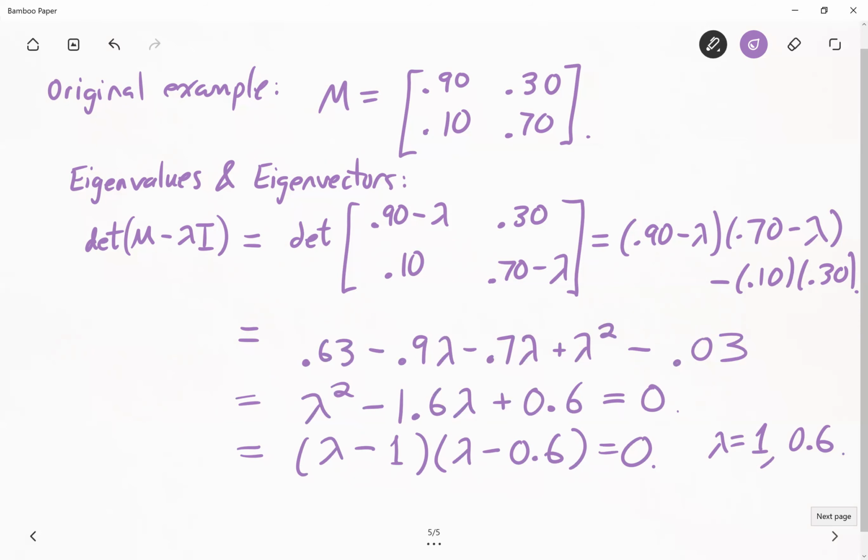All right, so let's continue on. And so recalling that our matrix for migration was 0.9, 0.3, 0.1, and 0.7, and we have the eigenvalues. Maybe I'll write them as lambda equals 1, and I'll give the other one a different name later. And I'd like to find the eigenvectors associated to each of these eigenvalues.